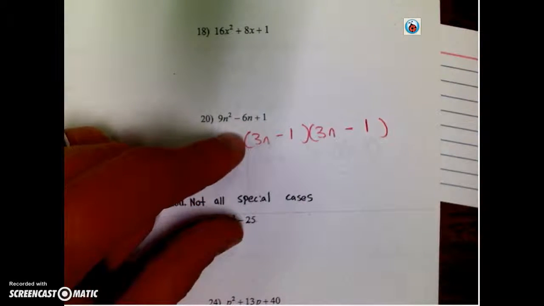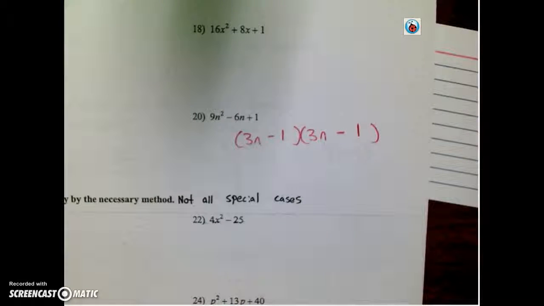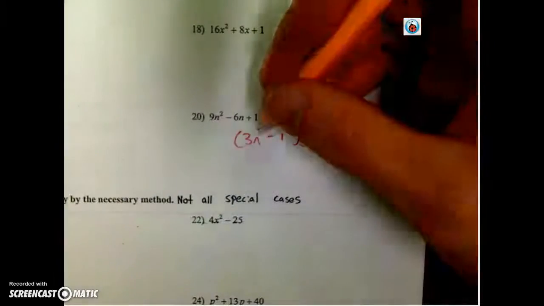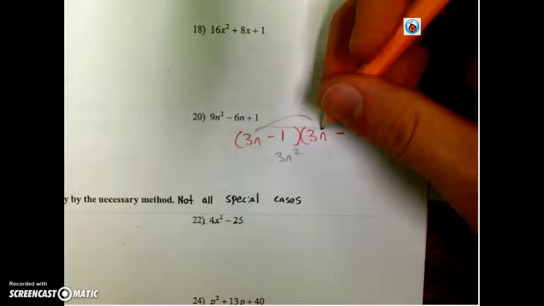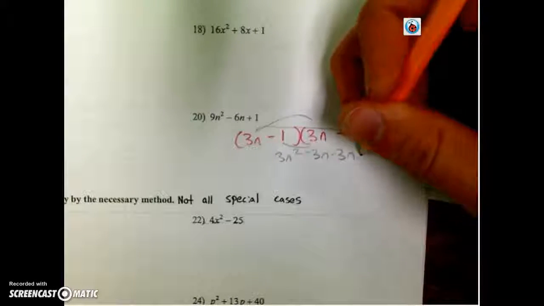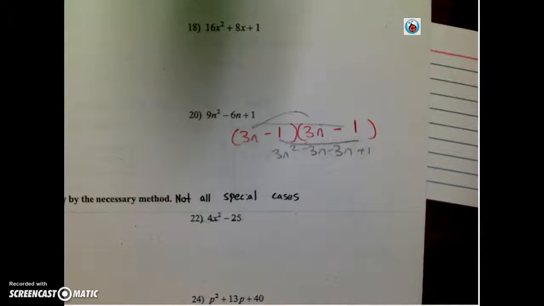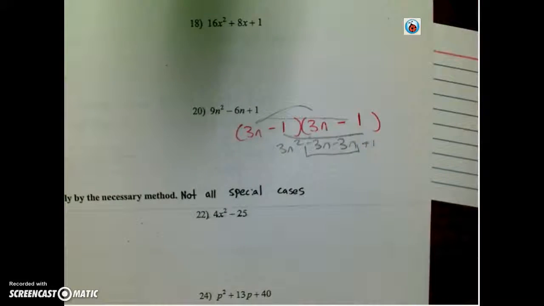So I'll prove this to us. I'm multiplying this one out. So when we do our 4 terms, we have a 3n squared minus a 3n minus a 3n plus a 1. And when we put those like terms together, we do get right back to our original answer.